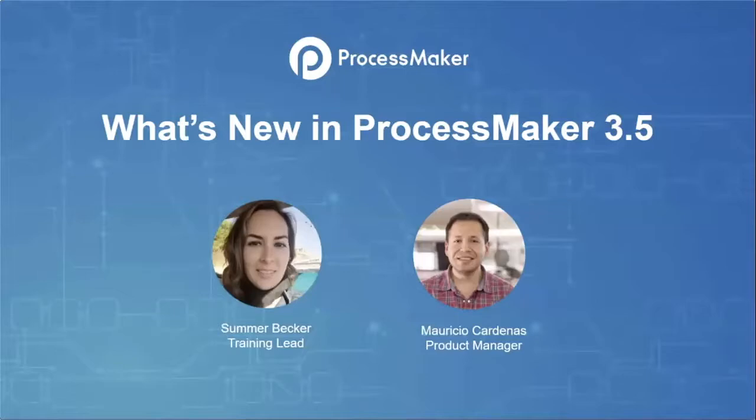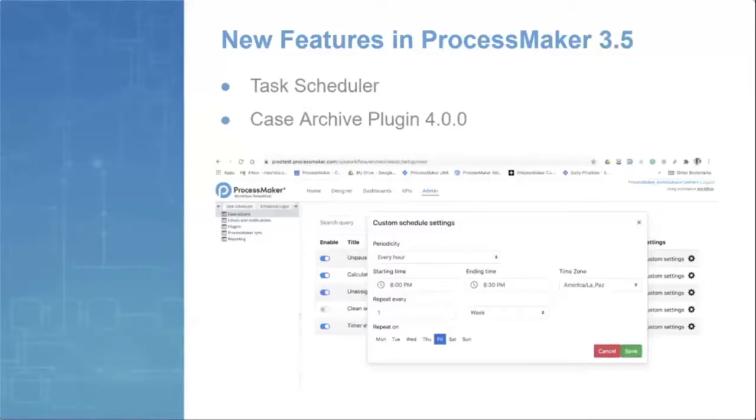All right, so let me go ahead and get started with some of the new features in ProcessMaker 3.5. These two features are primarily improvements to the user interface. The first new feature is the task scheduler, where you can schedule cron jobs through the user interface rather than using the command prompt, which makes it more convenient to track when those cron jobs are being executed.